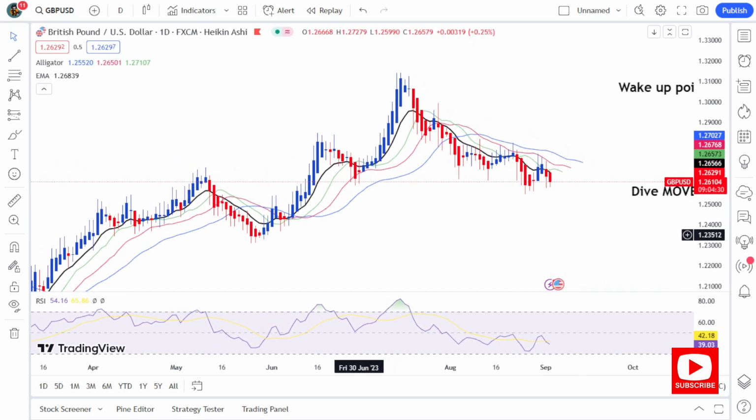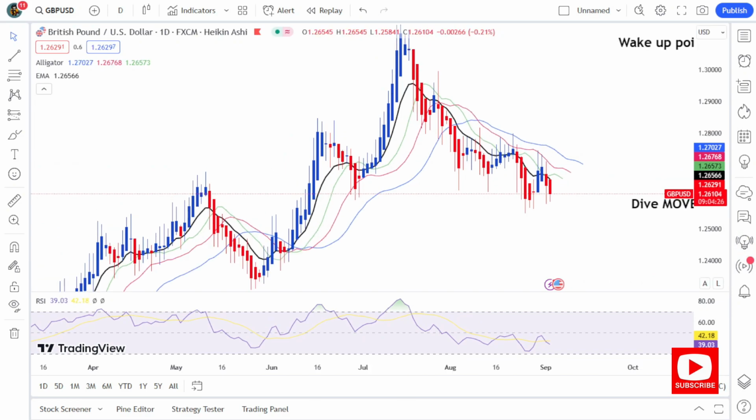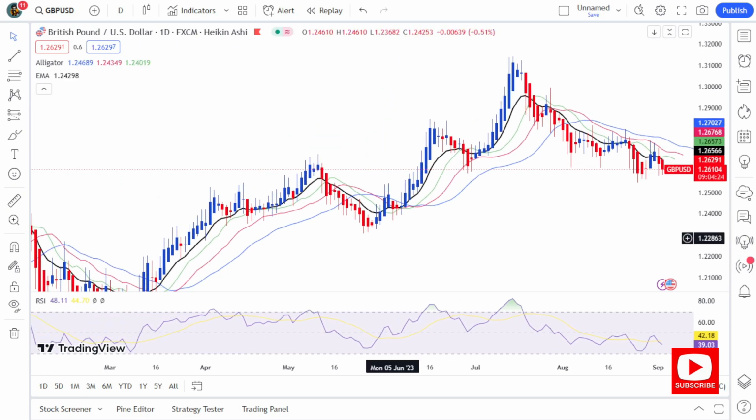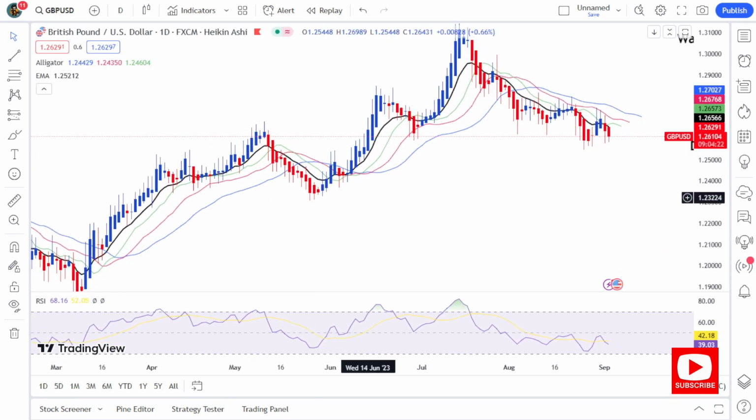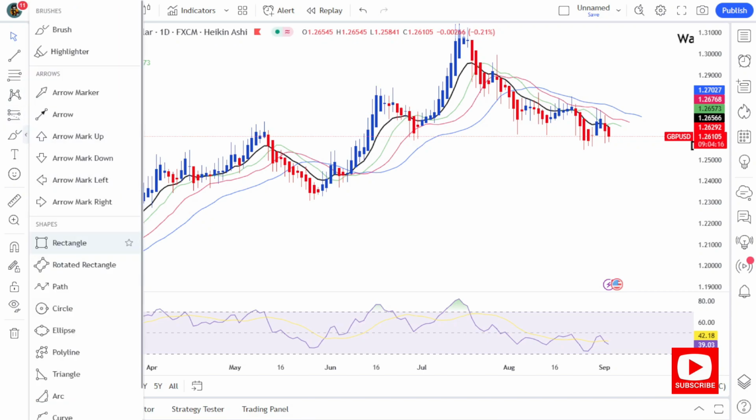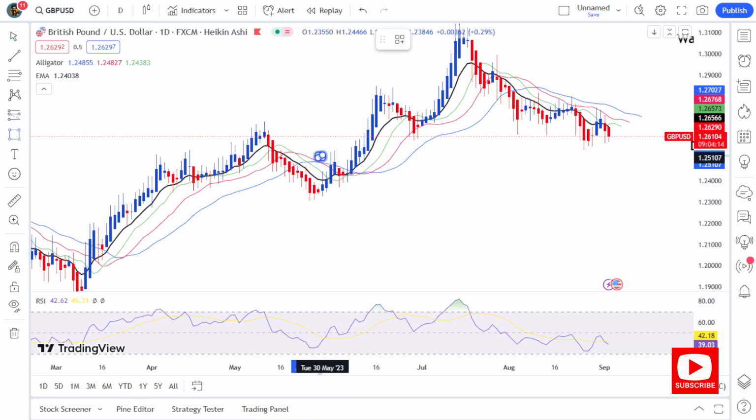Now, as we know that Alligator, once all the moving averages plus the Alligator are clustered around, it means that the Alligator is asleep. Like as we can see here, there is a cluster.